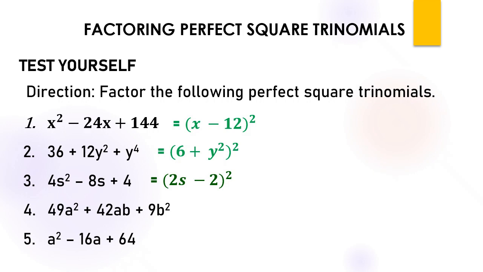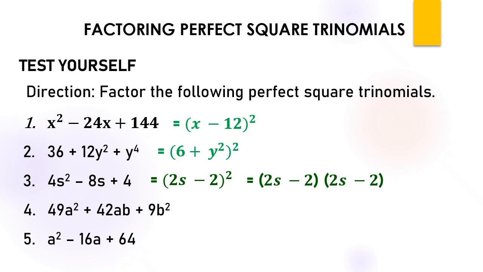That's why the factor of a perfect square trinomial whose middle term is negative will be the square of the difference of a and b. And then to check the factors, let us multiply. Multiply 2s minus 2 by itself. 2s minus 2 times 2s minus 2.